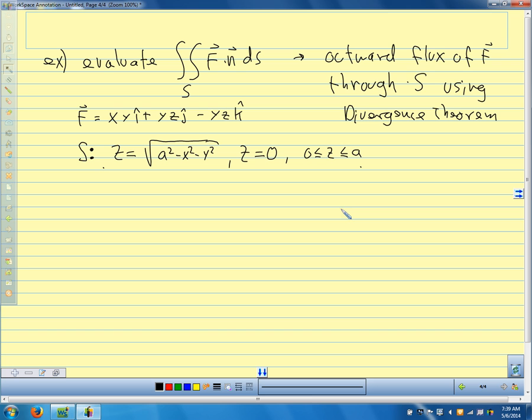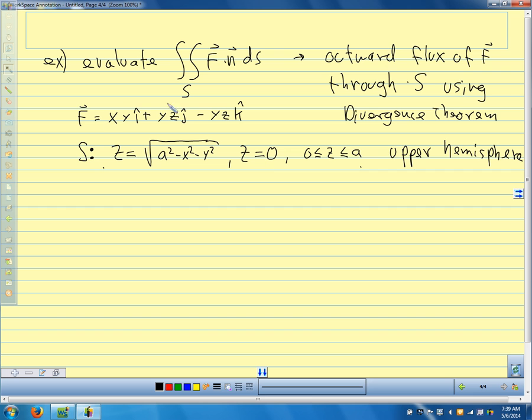We could be talking about the lower hemisphere rather than the upper hemisphere. So we're bounded below by z equals 0 and above by a, so we're going from z equals 0 to a. So this is an upper hemisphere. And the fact that we're bounding it below by z equals 0 makes it a closed solid region.